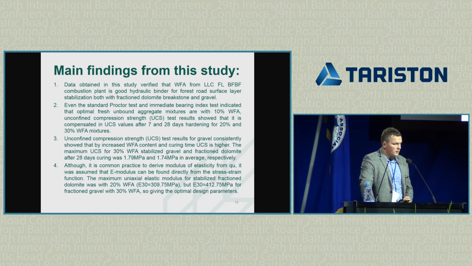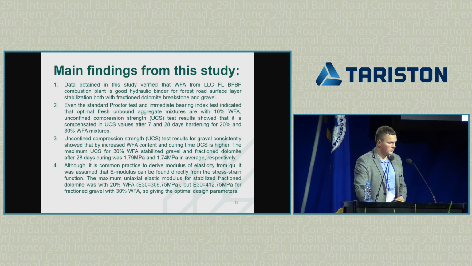So unconfined compression test results show that gravel constantly showed increasing UCS values by adding more binder and in time, and maximum values were obtained for 30% of wood fly ash. And you can see here the values we got.